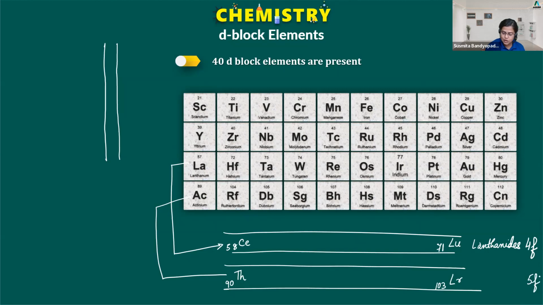So the capacity of these lanthanides and actinides is 14 each, just like the maximum capacity of the f subshell is 14 electrons. So these are your actinides. Fine.